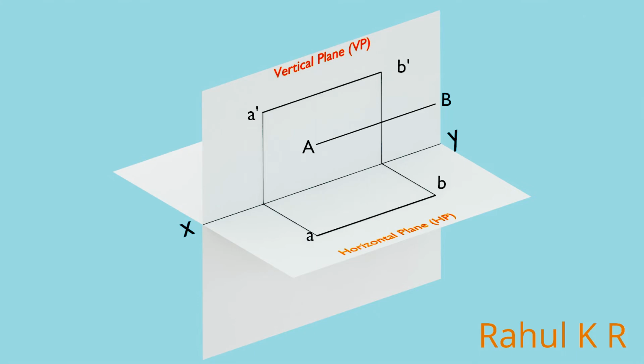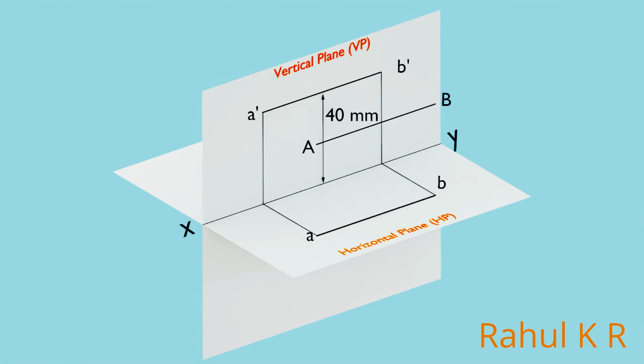Also, the distance between the XY line and top view is equal to the distance between the line and VP. Since the line is 40 mm above HP, considering all 3 points we just discussed, we can see that the front view will be a line parallel to and 40 mm above the XY line.